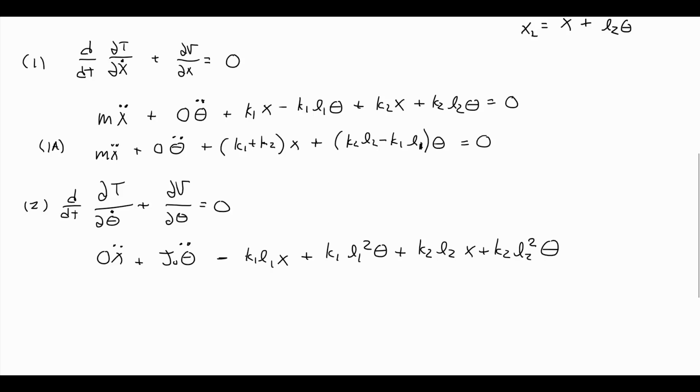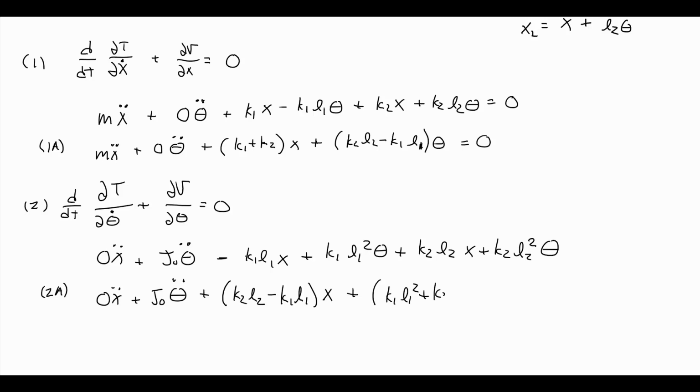And I want to rewrite this, call it 2a: 0 ẍ plus J naught θ double dot. I'll group my x terms together. I have (k2 L2 minus k1 L1) times x, plus, and now the θ coefficients, (k1 L1 squared plus k2 L2 squared)θ, and these are equal to 0.